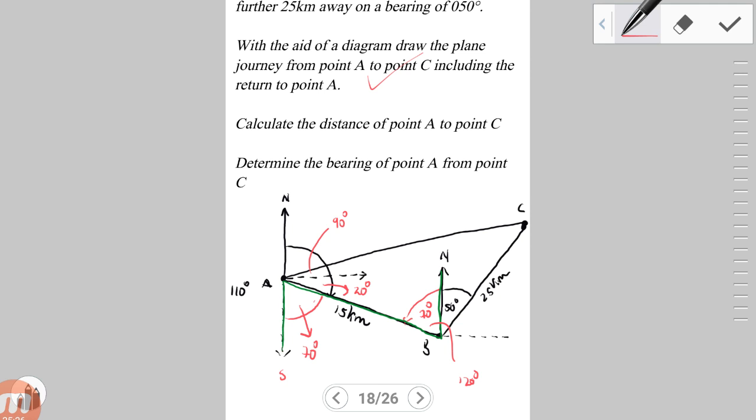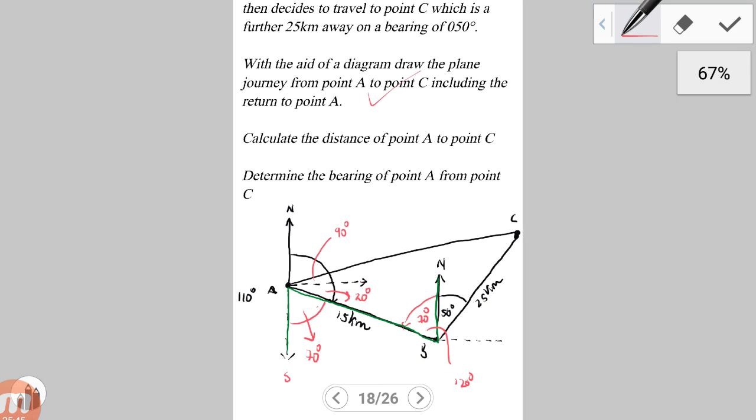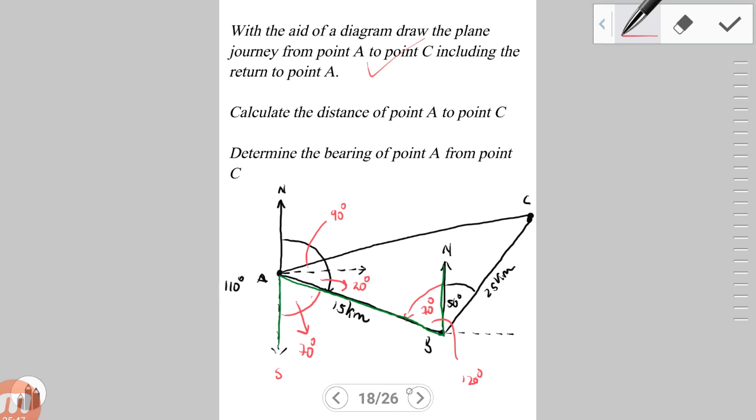And so as you can see here, naturally we're going to need to use the cosine rule. Now if we revisit that particular video that I had made, we had already said that given a triangle that contains two sides and the angle between the two sides, then the cosine rule is going to be applicable here.